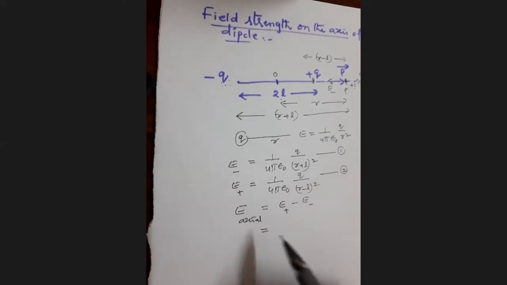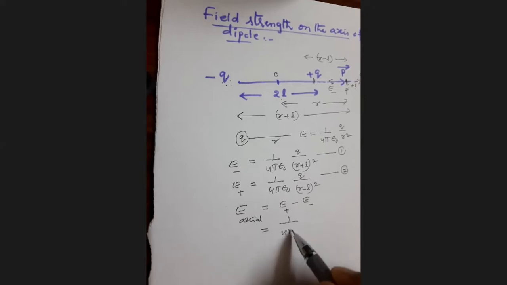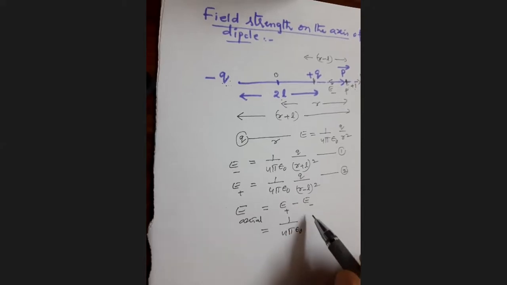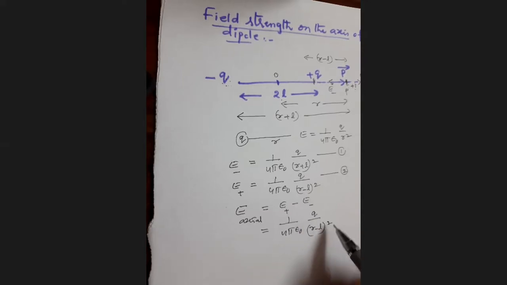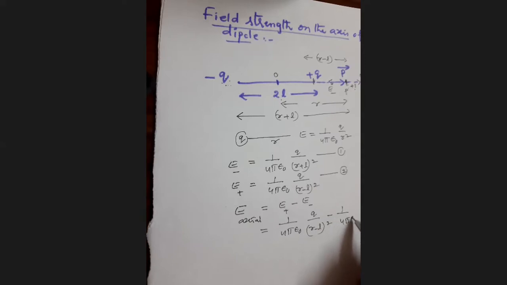That equals, by substituting the values from the above two equations, 1 by 4 pi epsilon naught q by (r minus L) whole square minus 1 by 4 pi epsilon naught q by (r plus L) whole square.